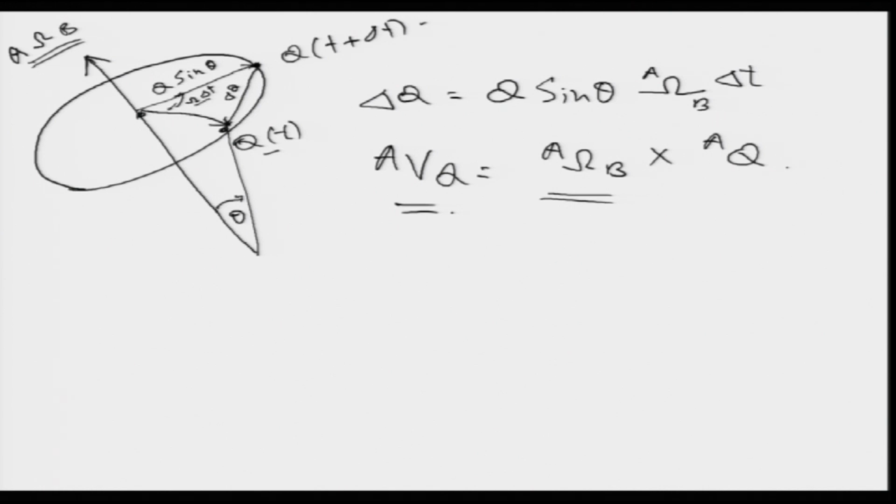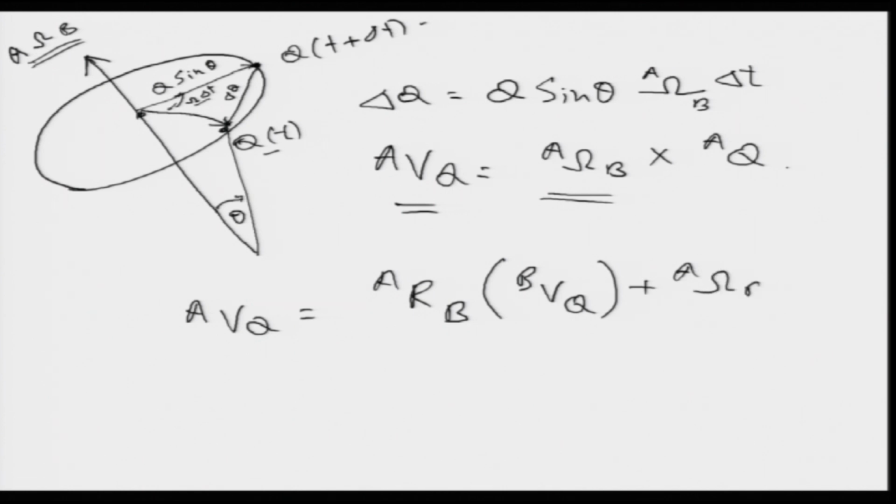Okay. And now, if it was also having a velocity in terms of q, then what we can write is a v q is equal to a r b into b v q plus a omega b cross a q. So, the total velocity is equal to this. Okay.